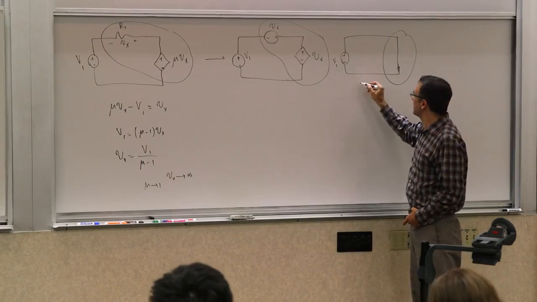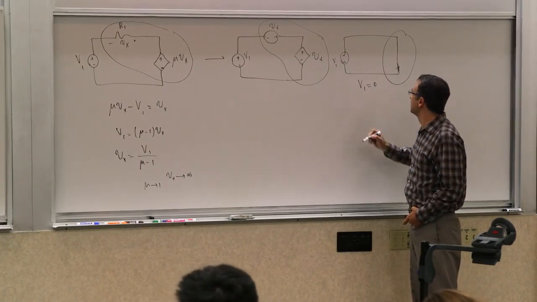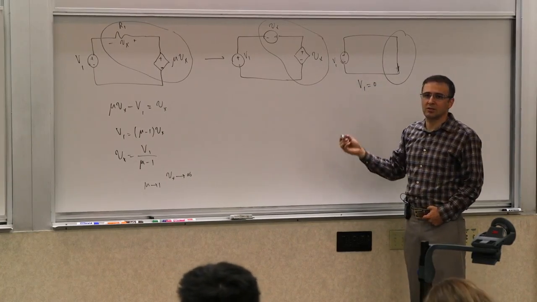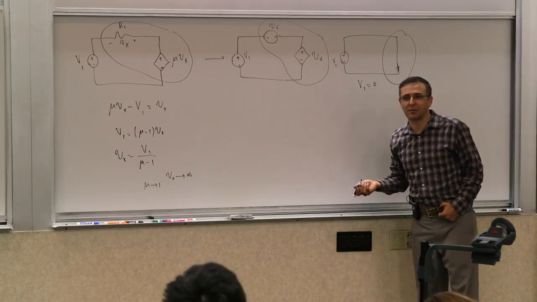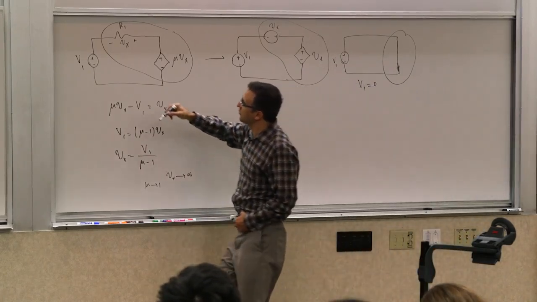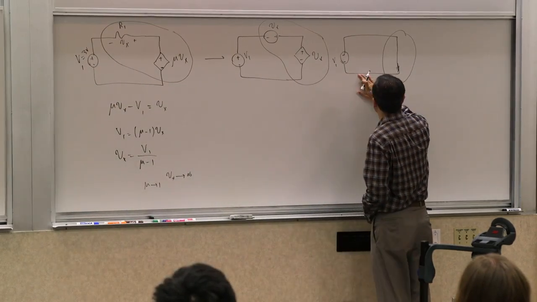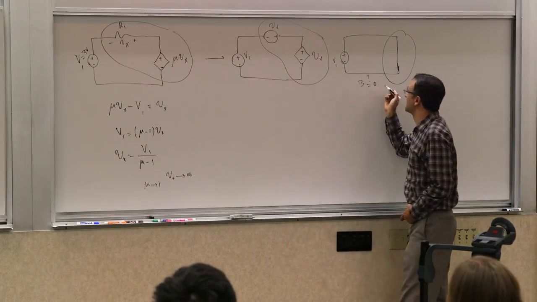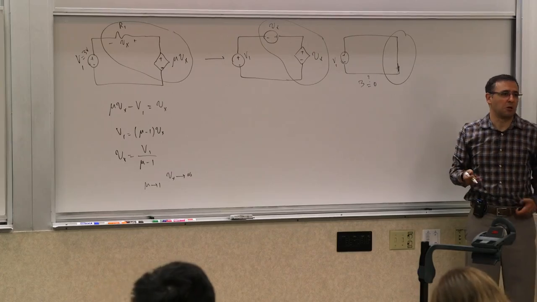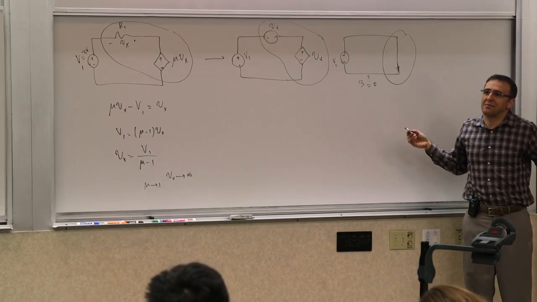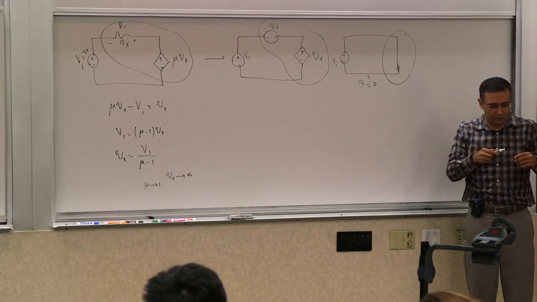You remember we said that this is equivalent to saying this. And if V1 is non-zero, then this is not going to be happy. If you say V1 is, I don't know, 3 volts, then it's equivalent to saying 3 equals 0. So yes, you created a mathematical contradiction, and therefore it shows up.